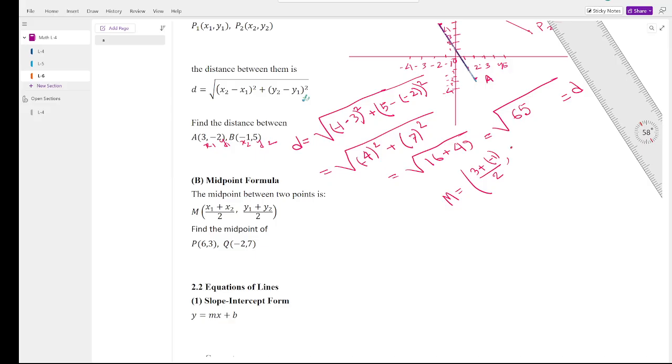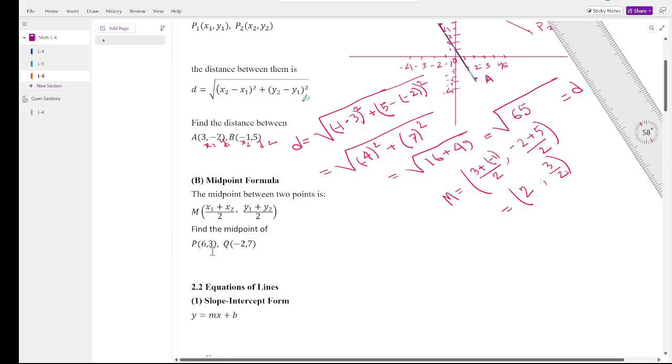So y1 is minus 2 plus y2 is 5, divided by 2. Then here is 4 divided by 2, which means 2, and here 3 divided by 2. This is the midpoint.